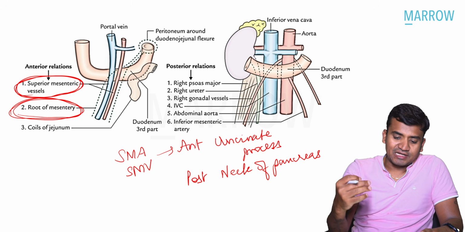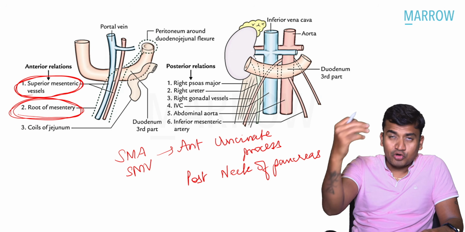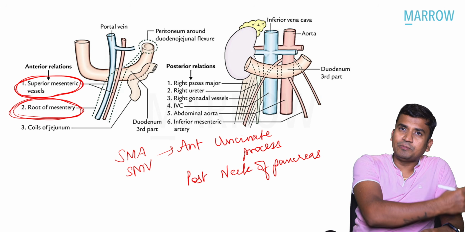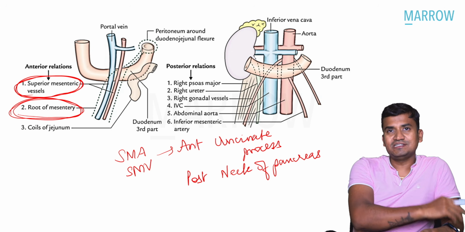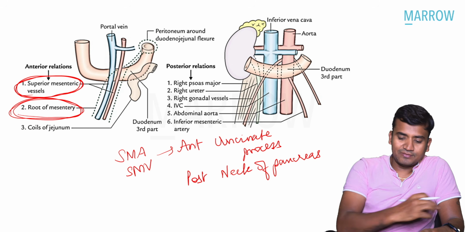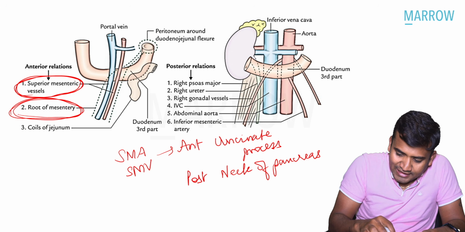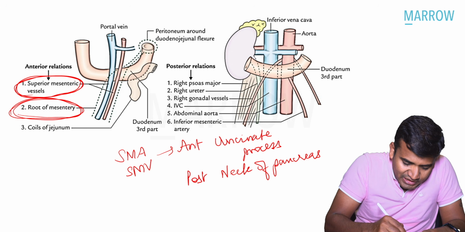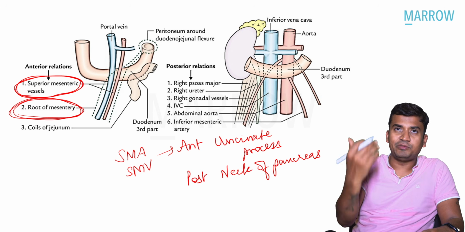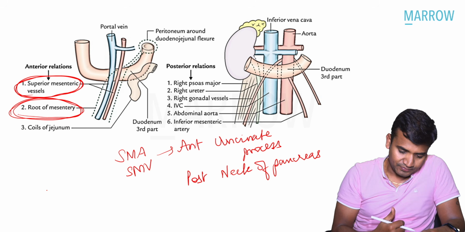The root of the mesentery starts from the duodenojejunal junction and goes up to the ileocecal junction. While going, it crosses the third part of the duodenum anteriorly.